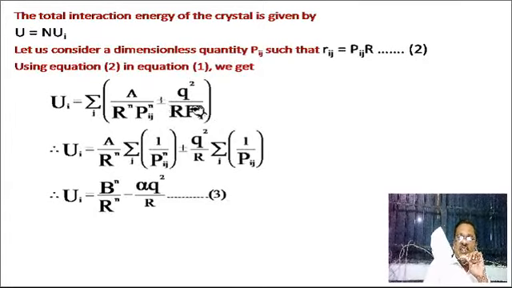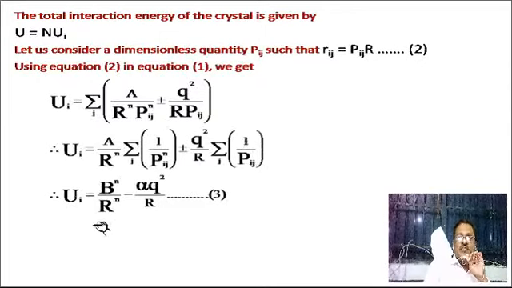Therefore, this equation is simplified as Ui equal to A divided by R to the power n summation j of 1 upon Pij to the power n plus or minus q square upon R summation j of 1 upon Pij.